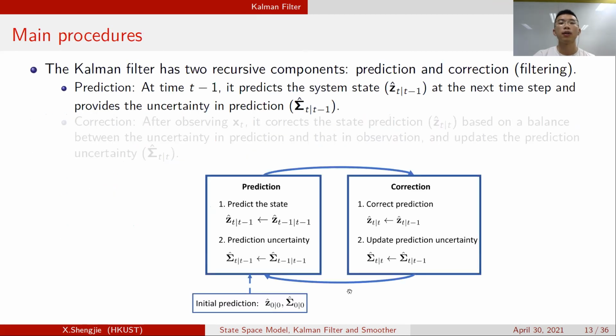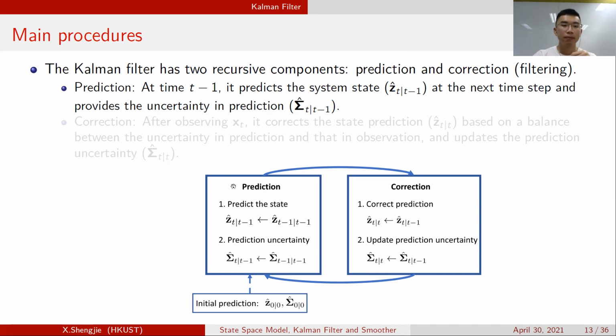The Kalman filter is simply composed of two components. The first one is called prediction, and the second one is correction, as we have shown previously. Prediction means at time t-1, we try to predict the state at t. This is the notation of this estimation: it means our estimation of the state at t conditioned on t-1 observations. We also provide the uncertainty in the prediction, which is the variance of our Gaussian function.